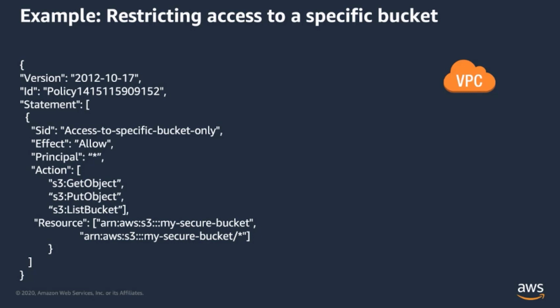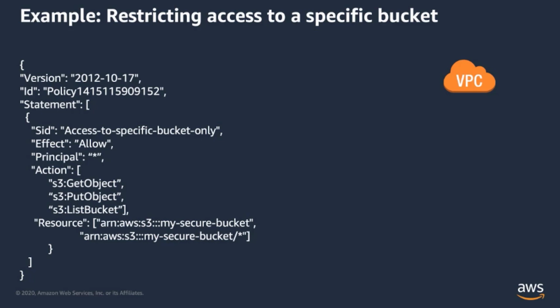So let's take a look at this VPC policy. Looks a lot like our bucket policies, I know, but this is a VPC policy. You can tell by the little VPC icon. So the version is going to be the same, and we have an ID, and this is just another optional parameter. And let's look at our statement.